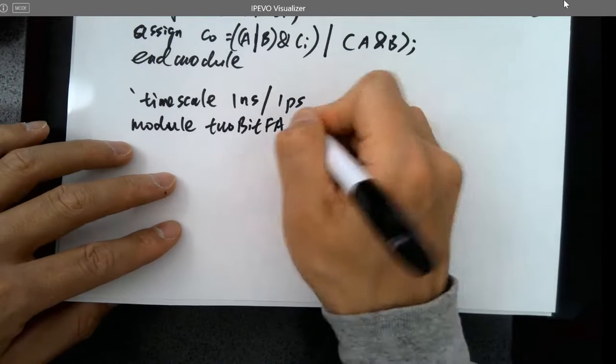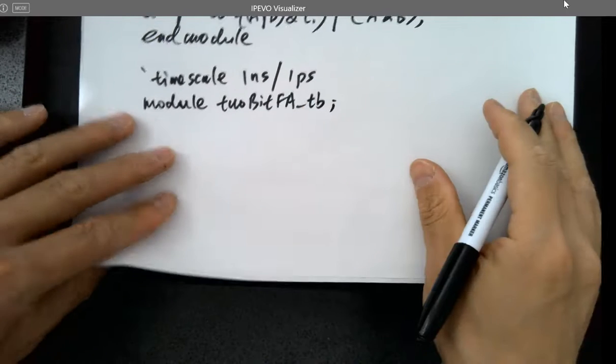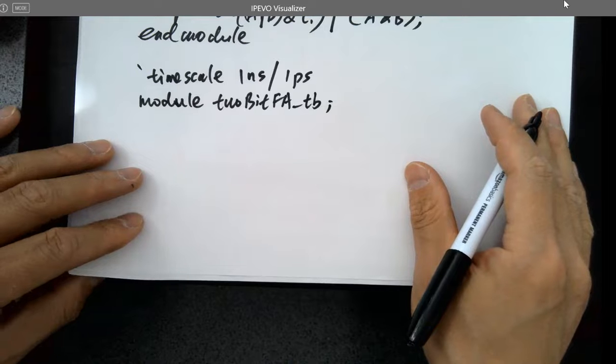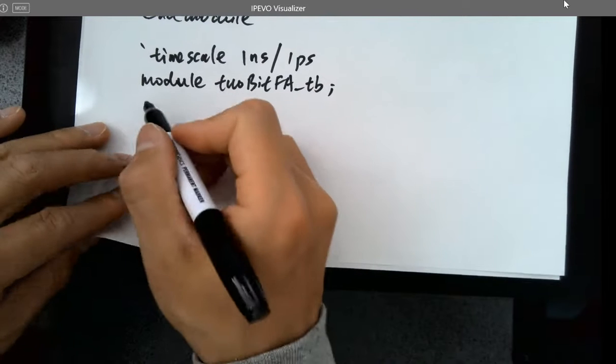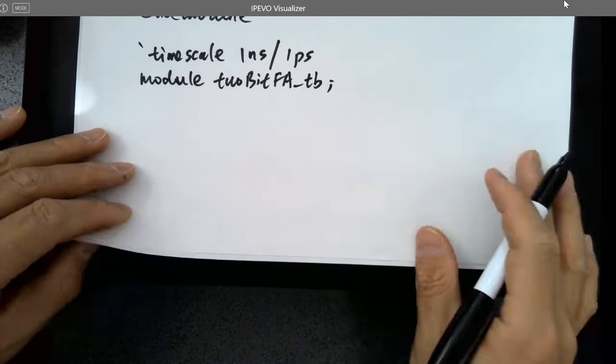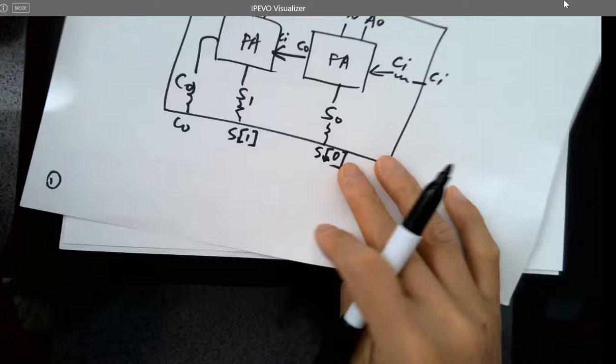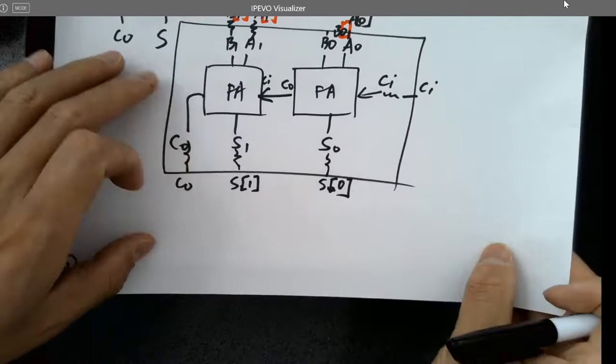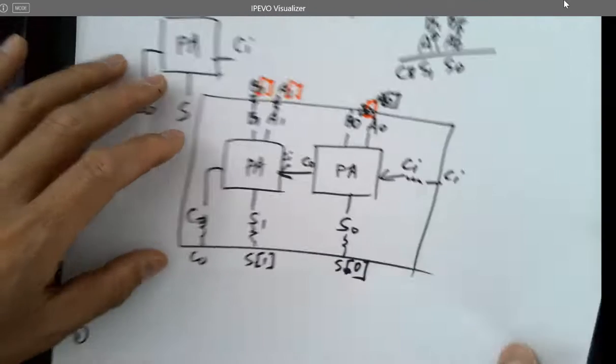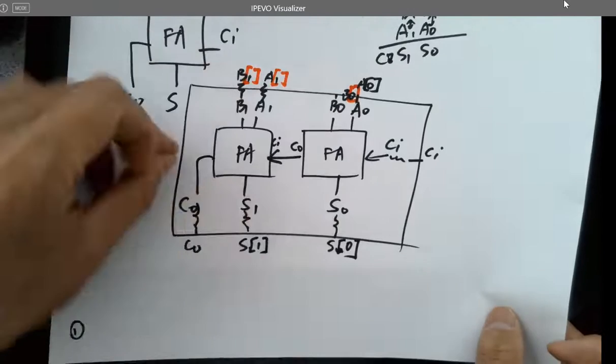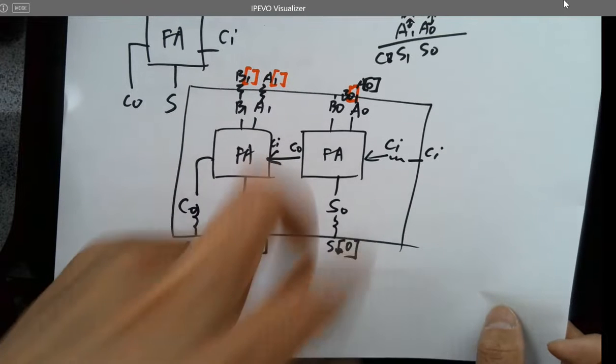But don't forget, this is also a test bench. So just do this. Let's declare the variables later. But now how do we make the connections? I'm going to just show you the connections. So I'm trying to create a test bench, and I'm going to place 2 of them in here.